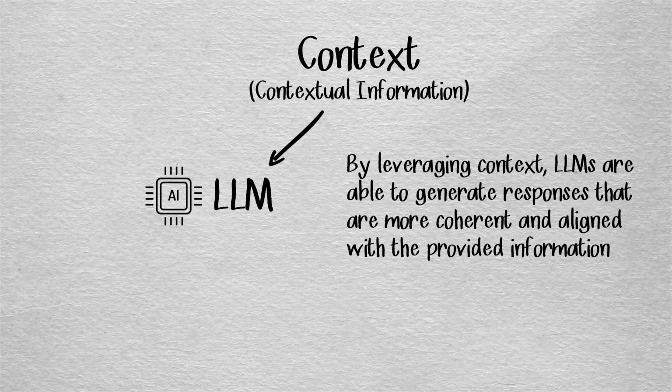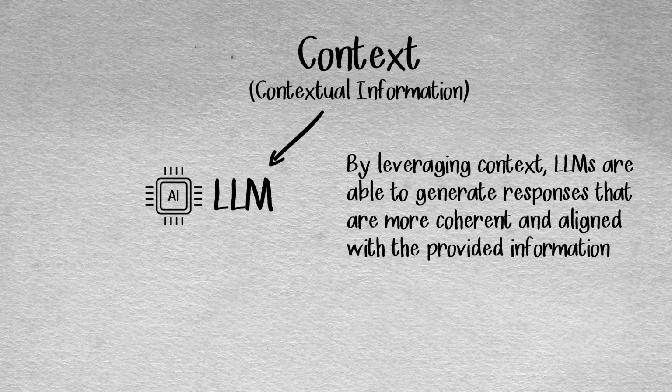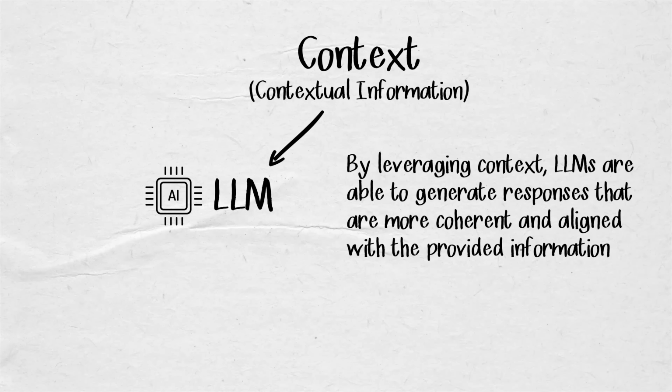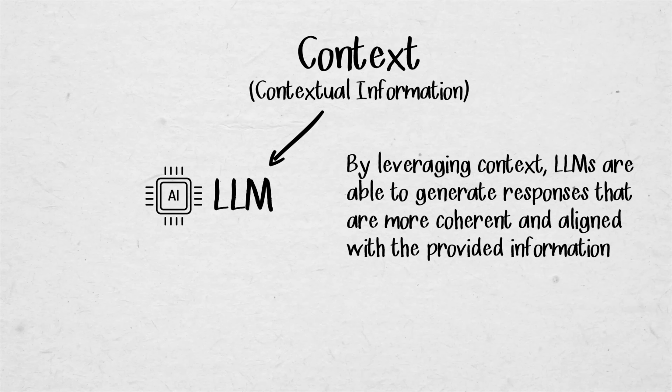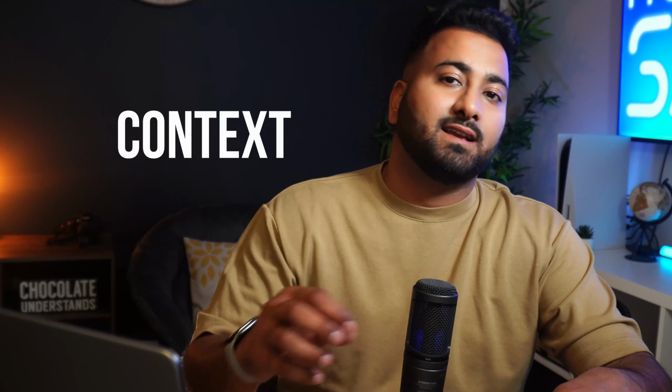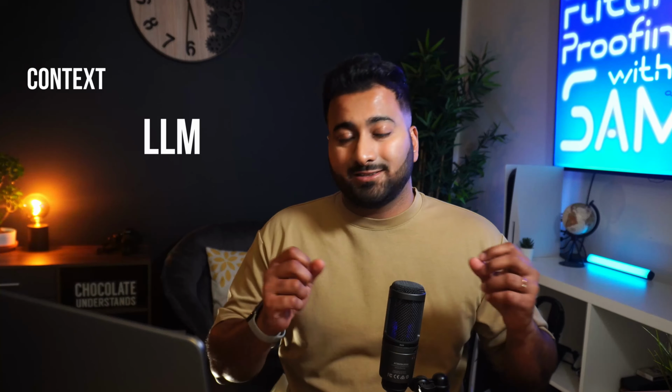By leveraging context, LLMs are able to generate responses that are more coherent and aligned with the provided information, resulting in superior quality output. So even if none of this makes sense, the only takeaway that's important for this framework is that the context is very important for these LLMs to perform the right computations in order to create better quality outputs. Hence, we need to look at all the different ways we can feed context to these LLMs.